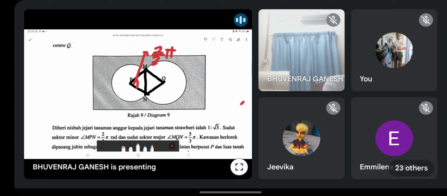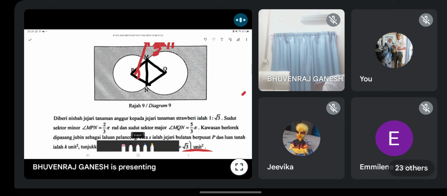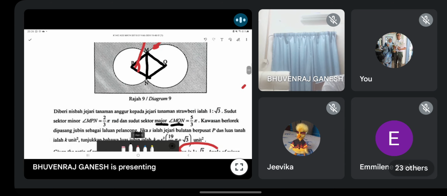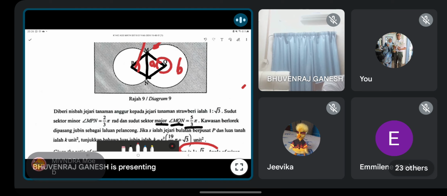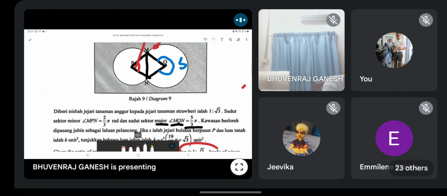So after you get this, the major sector angle MQN is 5/3 pi. So guys, test again, A or B, 5/3 pi. B, correct. Okay, major, so it's B. So this one is 5/3 pi.